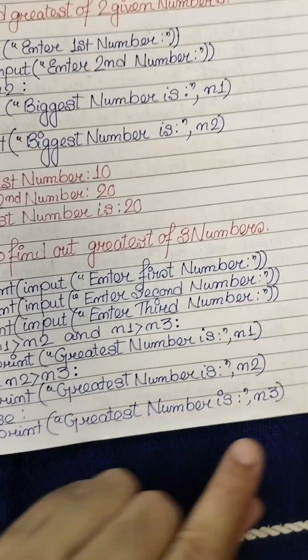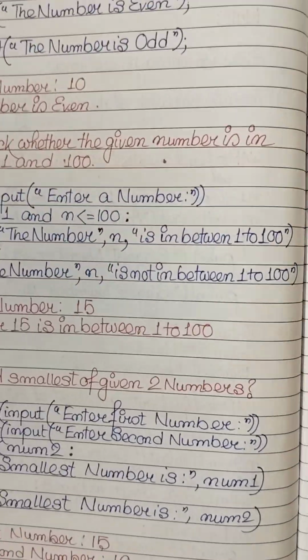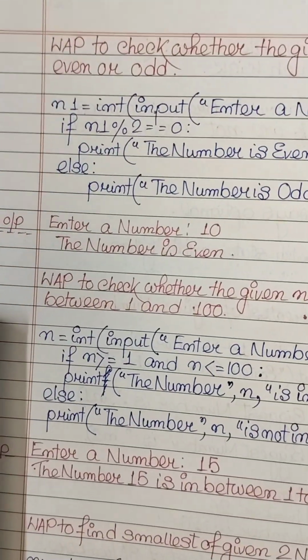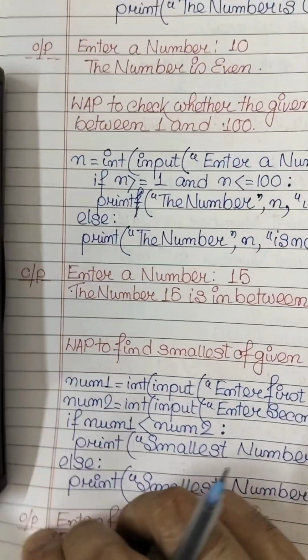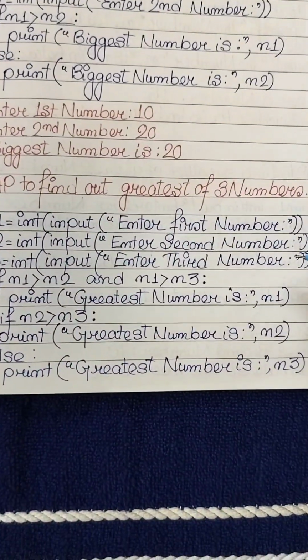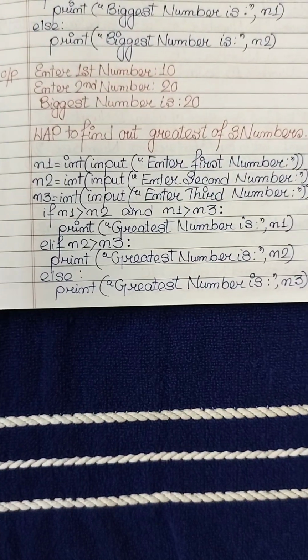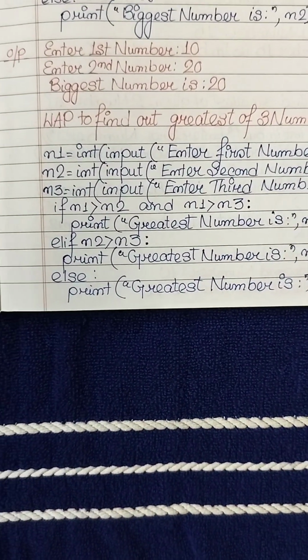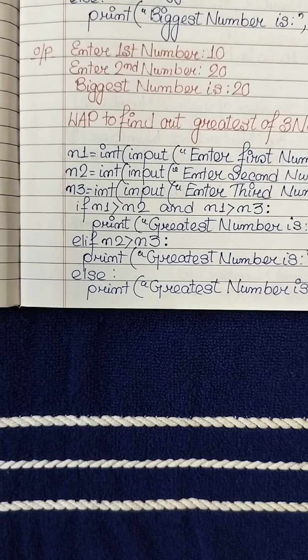Now what will be the output? Suppose we have taken the numbers 10, 20 and 30: 10 in n1, 20 in n2 and 30 in n3.